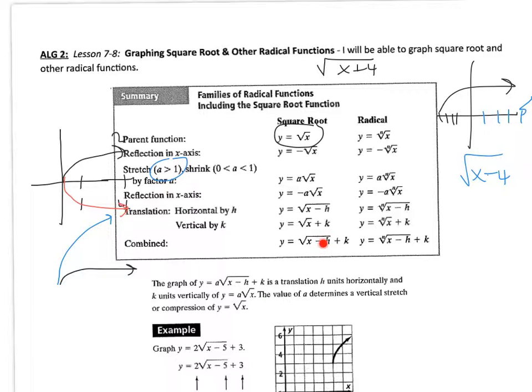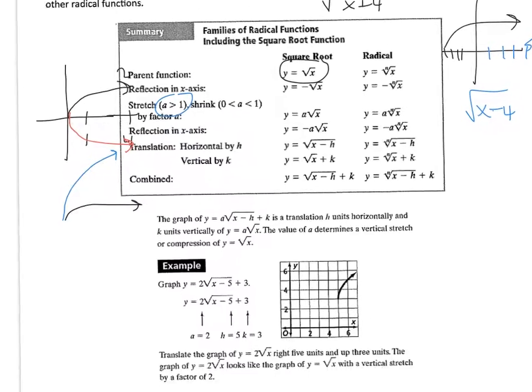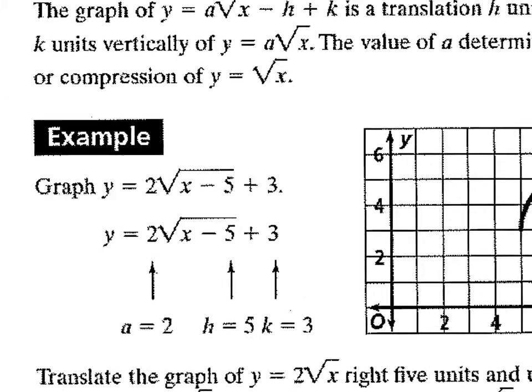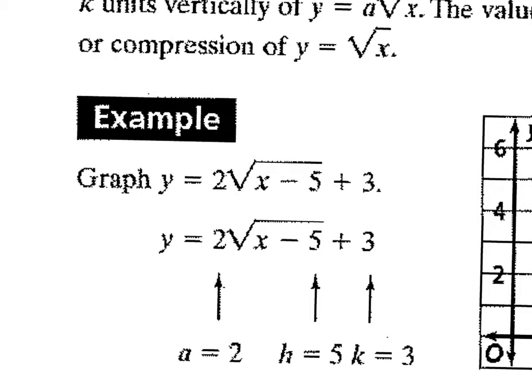So we can put these together, left and right shifts and up and down shifts. So for example, if you're graphing this equation right here, this number is your a. This number is positive, so that means that your graph is going to open up and it's going to be stretched out, so it's going to open up a little bit higher.